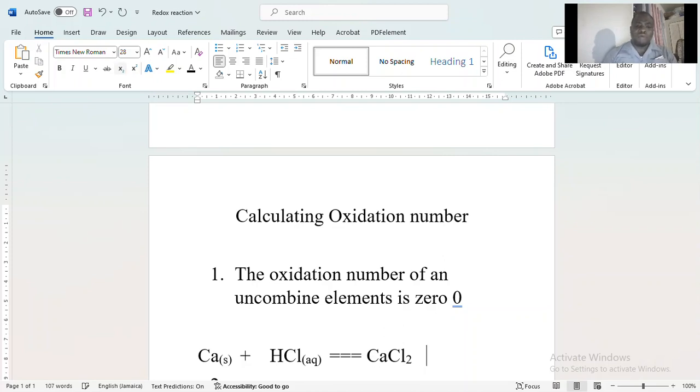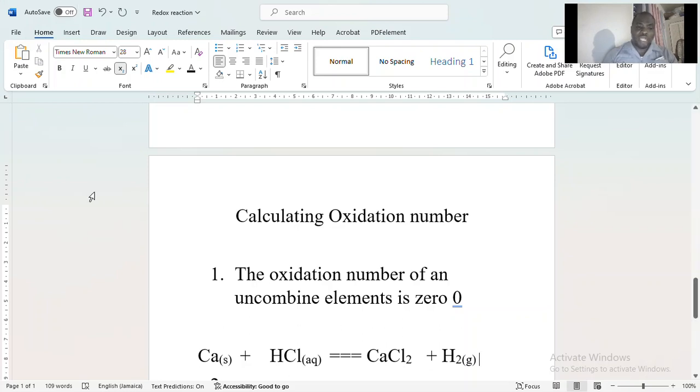Now, one of the reasons why I'm going through this is to show you the connection between acids and bases and oxidation and reduction. Because sometimes students believe that even though we're doing the topics, they are not related, but they are. Here we're also getting hydrogen gas. And when we spoke a while ago, the first rule is that the oxidation number of an uncombined element is 0.